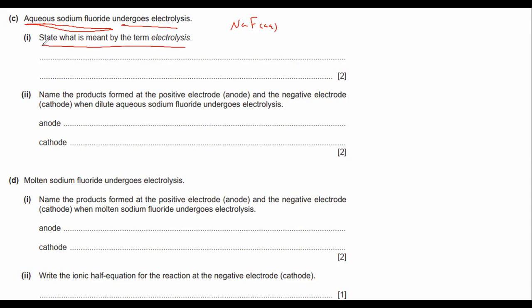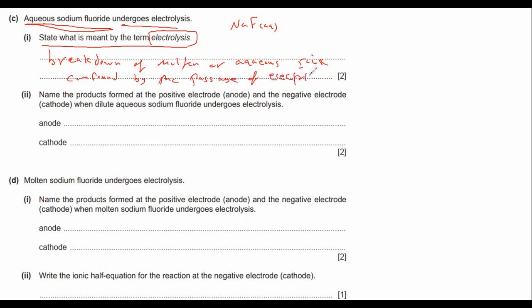So what do you mean by electrolysis? This is very important, guys. How do we define electrolysis? So electrolysis is simply the breakdown of molten or aqueous ionic compounds by the passage of electricity.